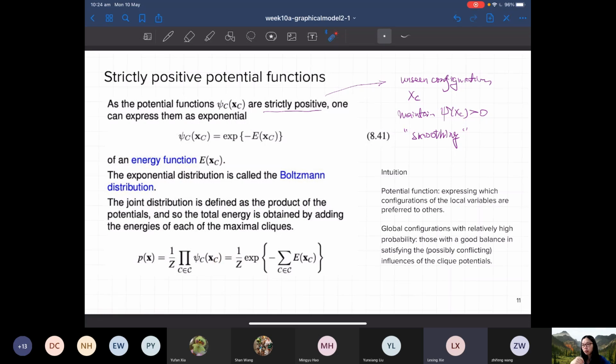When we do inference, we sometimes want to reason about which configuration of x is more likely, such as in image segmentation, as we will see. The global configurations with relatively high probability, the more likely configurations globally, are those with a good balance in satisfying the possibly conflicting influences of different clique potential terms phi of x_c.